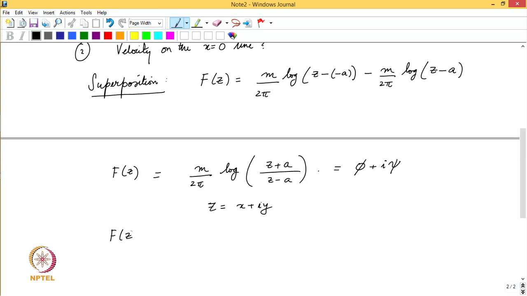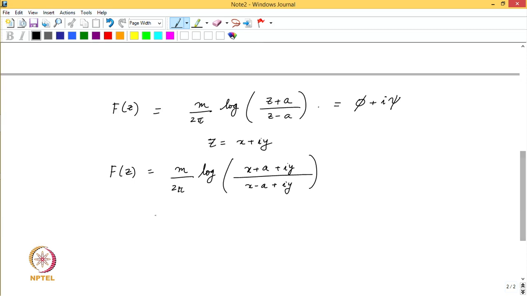So, f of z would be m by 2 pi log of, in the numerator, x plus a plus i y, and in the denominator x minus a plus i y. For convenience, as I will show you, I will write this as m by 2 pi and write them as 2 log terms.